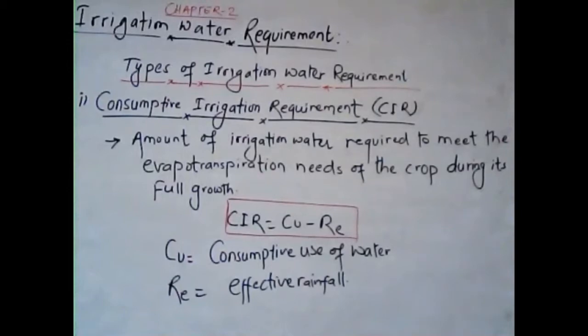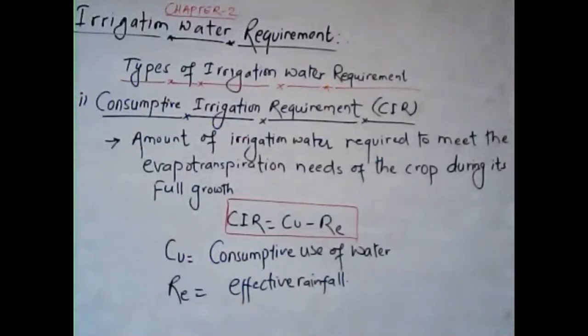During its full growth, the plant loses water in the form of evaporation. Likewise, it loses water in the form of transpiration while building its tissues. To meet this loss, irrigation water is applied in the field, which is known as consumptive irrigation requirement.